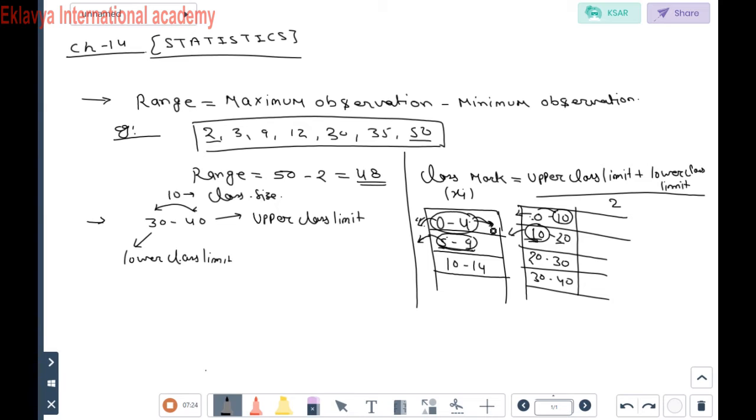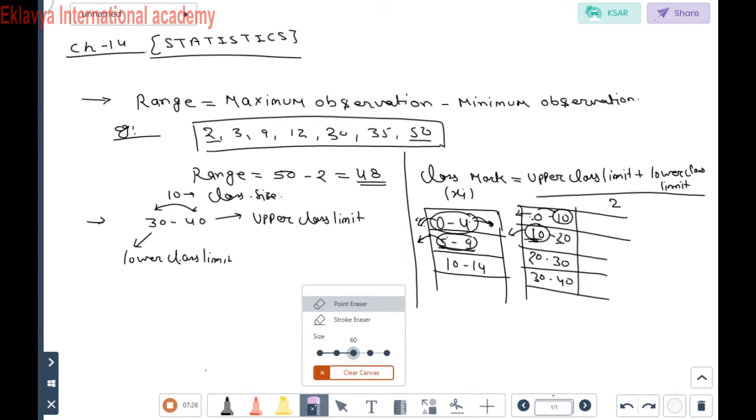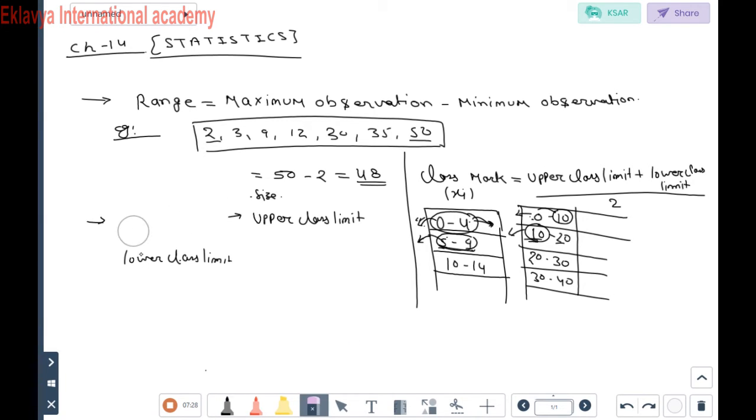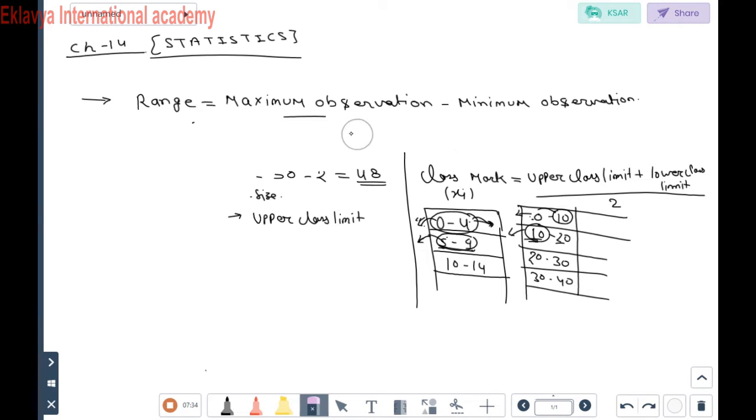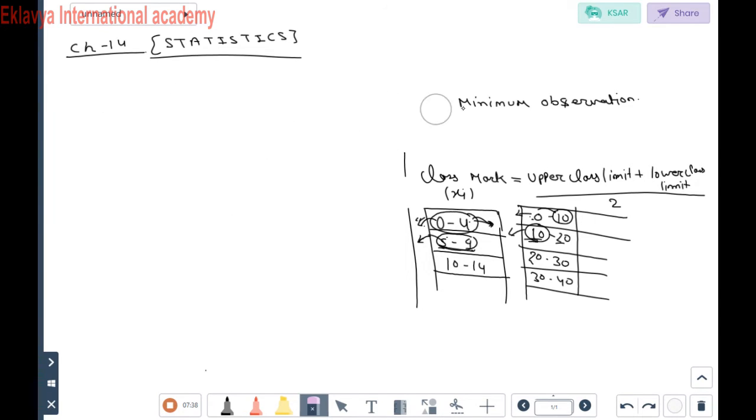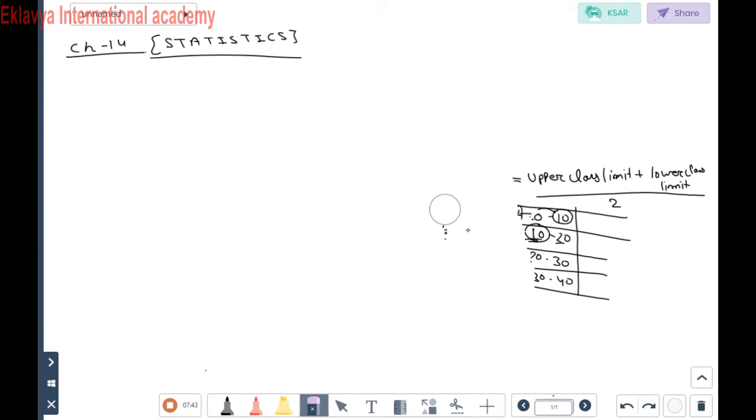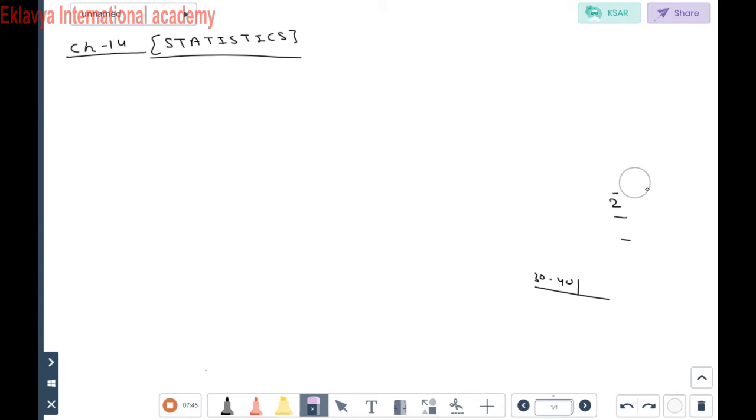Understand? Now after that, next we will discuss how we will convert a discontinuous class interval into a continuous class interval, and if the class intervals are not equal, then how we will make equal class intervals.